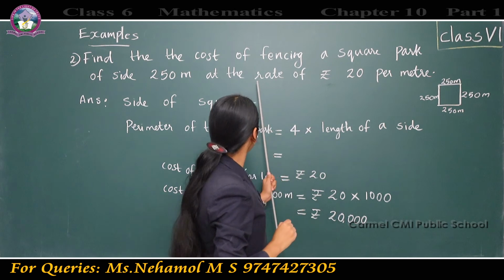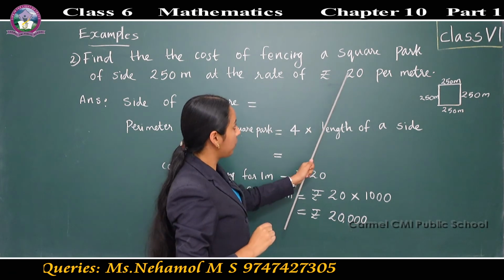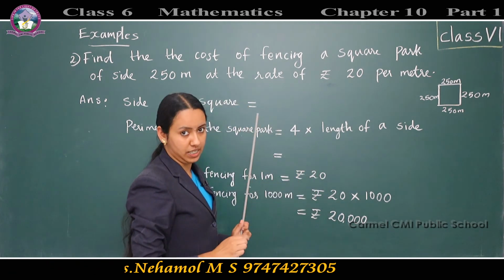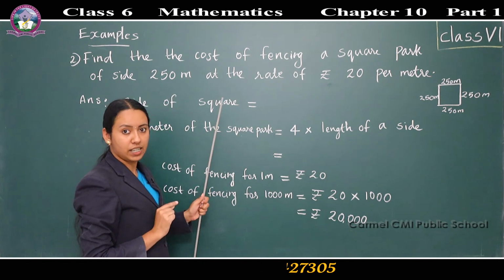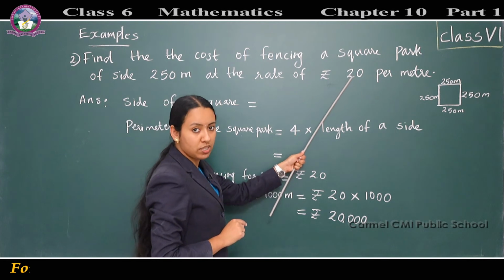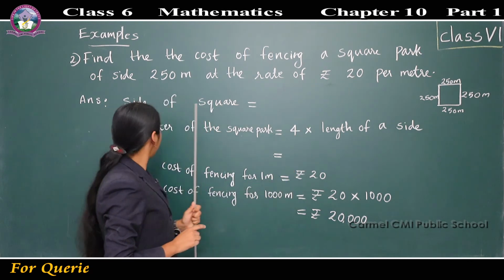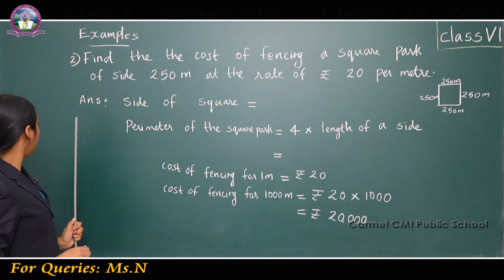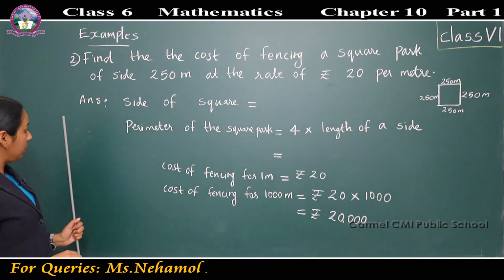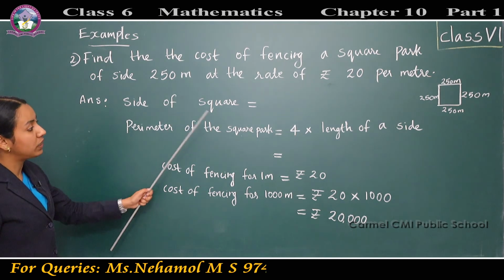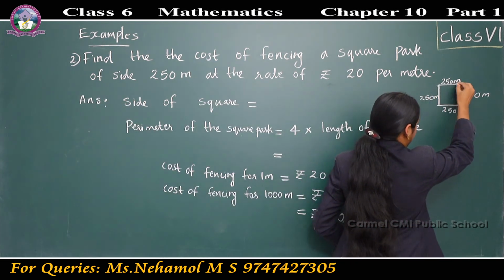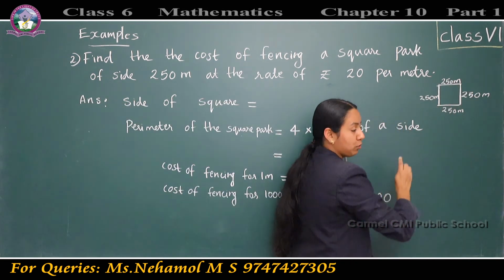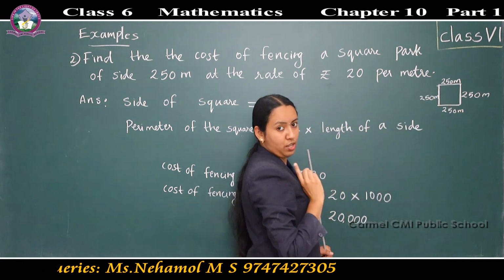Then what is given? Rate of rupees 20 per meter. That means cost of fencing for 1 meter is given, that is rupees 20. Then we know that length of fencing will be equal to perimeter of the square park.